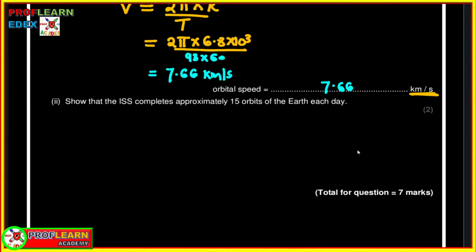Show that ISS completes approximately 15 orbits in each day. So the number of orbits in each day is equal to total time divided by time for one orbit.